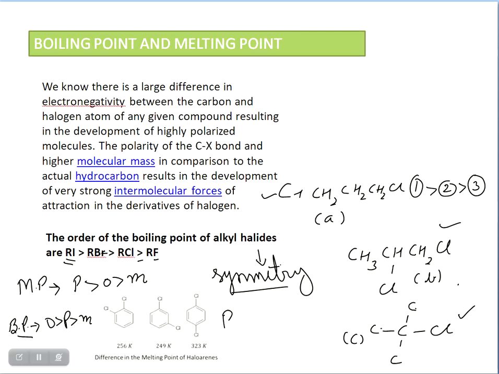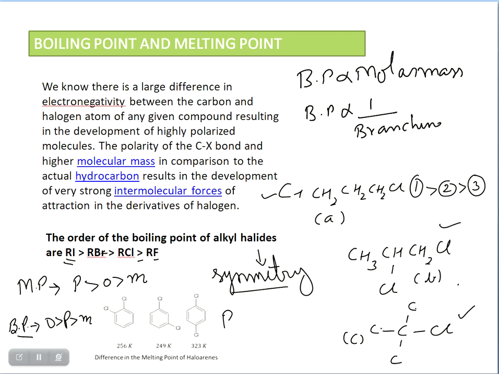Next property is boiling point and melting point. You have to remember one thing: boiling point is directly proportional to the molar mass, and inversely proportional to the branching. Where molar mass is more, boiling point is also more. Where branching is there, boiling point will be less.